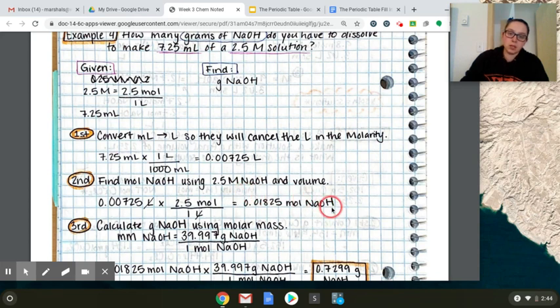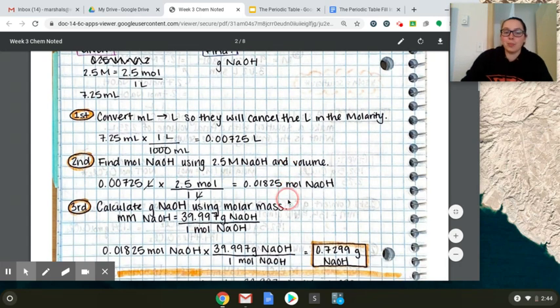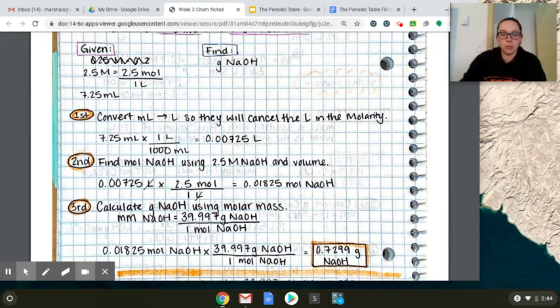But I'm not done. I am not done at all. My answer wants it to be in grams, and so I need to convert from moles to grams, which everyone should be able to do because this is our basic stoichiometry problem, calculating grams of NaOH using the molar mass. I calculated the molar mass of NaOH the same way I calculated the molar mass of copper(II) chloride in the previous problem.